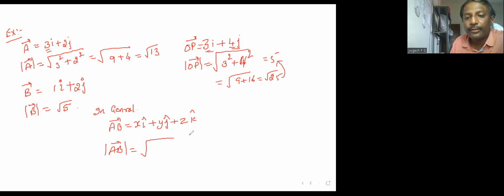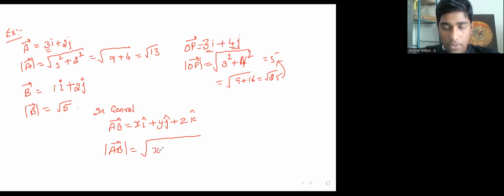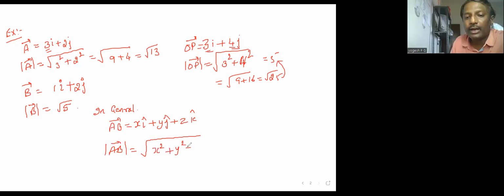Root of x squared plus y squared plus z squared. This is the magnitude of the AB vector. So you got to know how to find the magnitude of the given vector, isn't it?